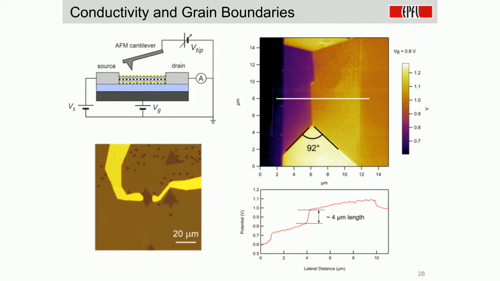Then with the AFM tip, doing the Kelvin probe microscopy, we use the tip as a local voltage probe without actually touching the channel, and we get an image which corresponds to the local voltage drop, plus a contribution from the work function difference between the tip and the material, of course. On the right-hand side, you have an example of a Kelvin probe image.